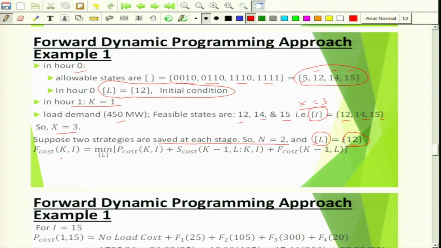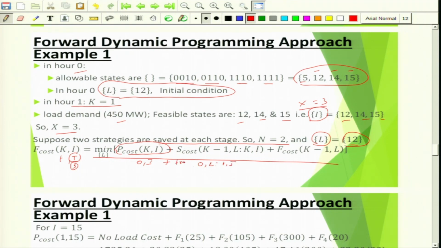Now the fuel cost of the first interval, right? This is the expression that we have understood. Fuel cost of the first interval for the I possible combination, I is equal to 3 here, meaning 3 possible combinations, is equal to the minimum of the production cost of the first interval for the I-th combination, plus the startup cost involved from (0, L) to (1, I).